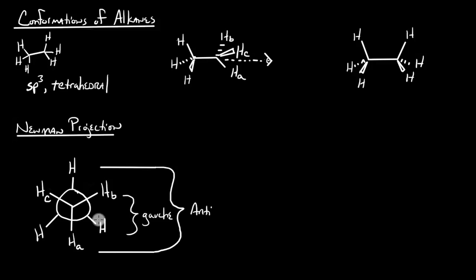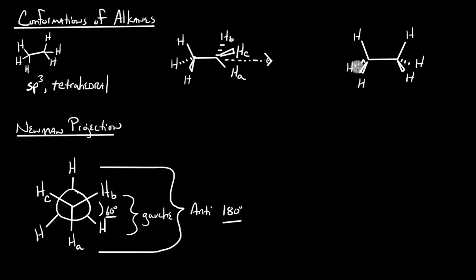Between hydrogen B and this hydrogen, we have a 60-degree angle, if you completed this line right here. And between hydrogen A and the hydrogen up above, we have a 180-degree orientation. So a 60-degree orientation is a gauche orientation, and an anti is 180.